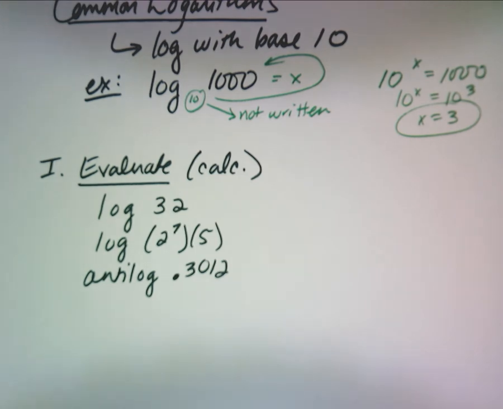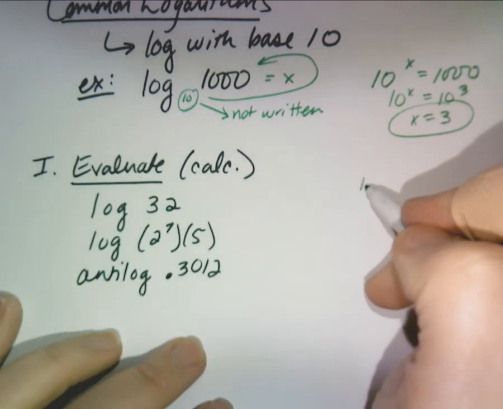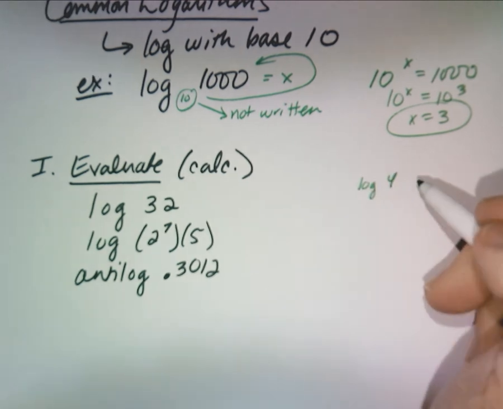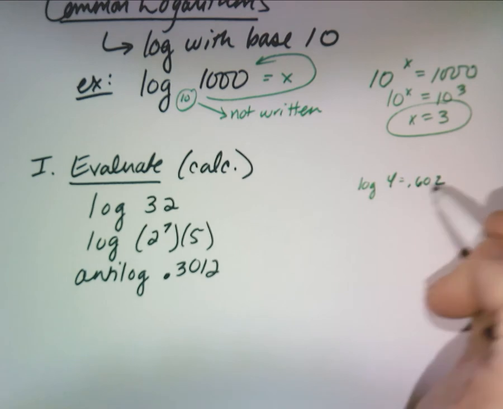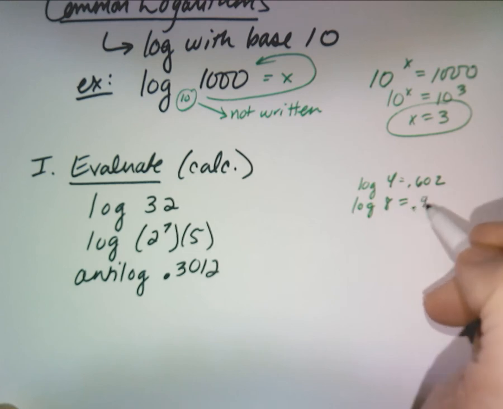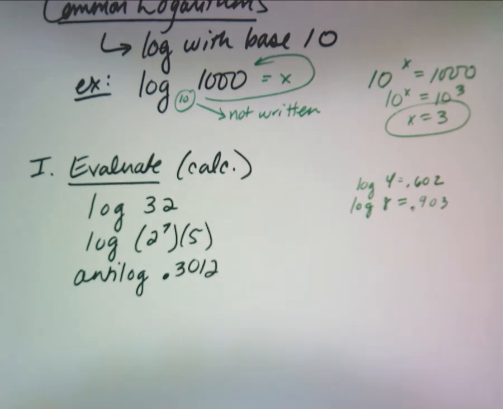So again, every book is different. I was going to give you this worksheet, but I'm going to safely assume based on the quiz that most of you understand your properties. You did your properties pretty well, but some books will actually say log 4 is 0.602, and log 8 is 0.903, and they'll say, okay, figure out log 32 based on that.